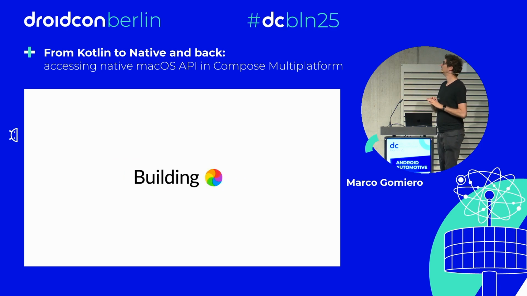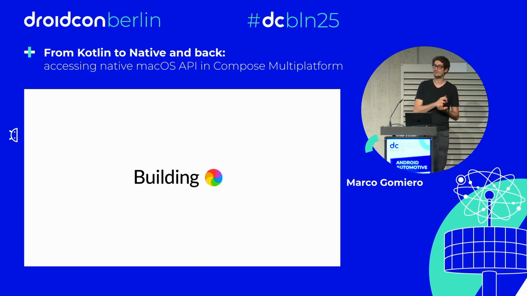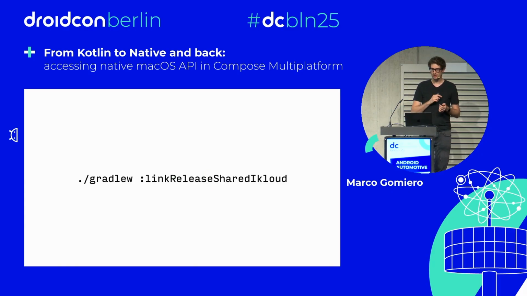Okay. At this point, we wrote the code, and it's time to finally build the actual native library before having it in our macOS app. To build the library, there's a Gradle task that we can invoke that is called linkReleaseSharedICloud in this case.